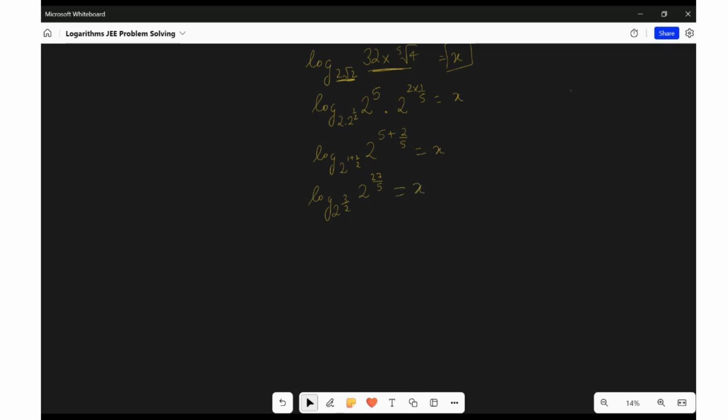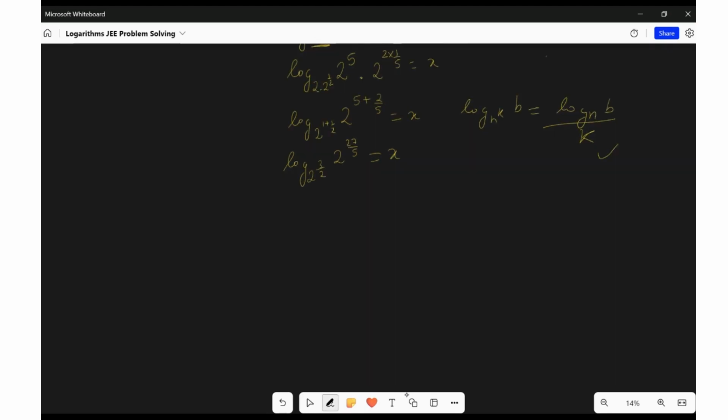Now using the property again, log to the base b to the power n of something to the power k is log to the base b of it divided by n, so using this theorem we can write log of 2 to the power 27 by 5 to the base 2, into 2 by 3, is x.